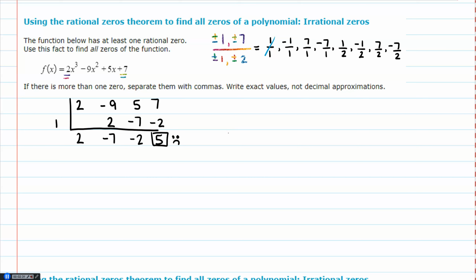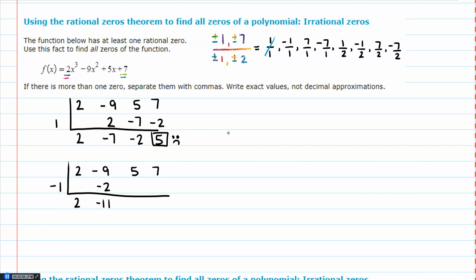Now let's try negative 1. I'm going to take 2, negative 9, 5, and 7, and I'm going to divide it by negative 1. So I'm going to bring the 2 down. Negative 1 times 2 is negative 2. Negative 9 plus negative 2 is negative 11.